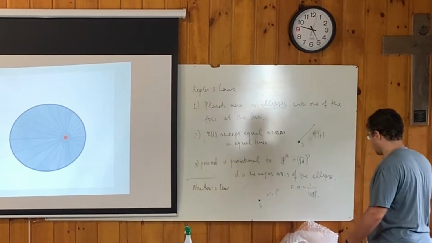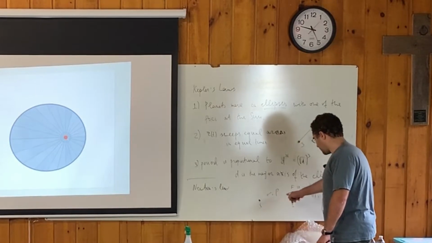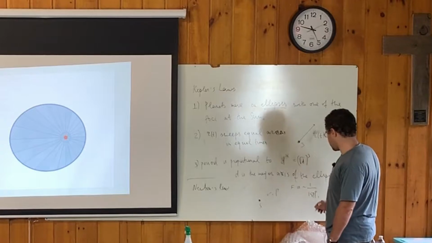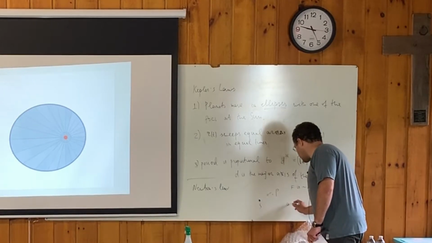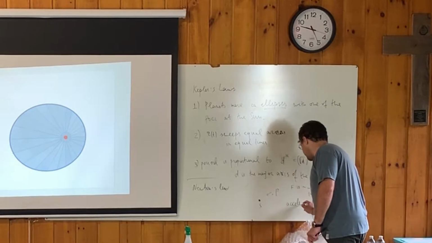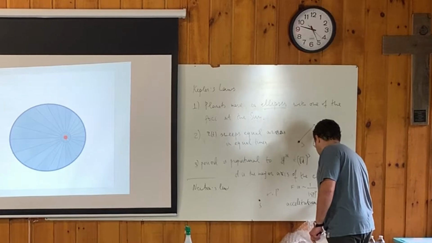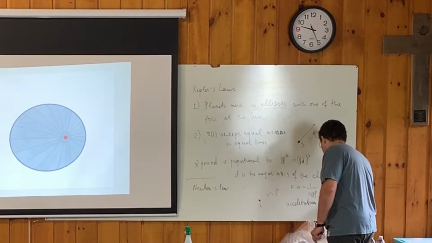And then, of course, the acceleration: if we know the mass of the planet, then acceleration is determined by this force and by the mass, and so the acceleration is also proportional to 1 over the distance squared.